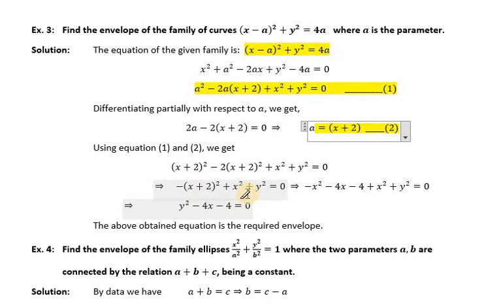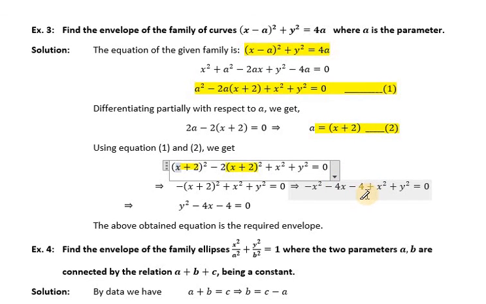Now simplify these equations. Minus 2 times x plus 2 whole square and 1 times x plus 2 whole square we have. So by subtracting this we get minus x plus 2 whole square plus x square plus y square is equal to 0. Now expand x plus 2 whole square, that is minus x square minus 4x minus 4, and this x square plus y square as it is we have taken.